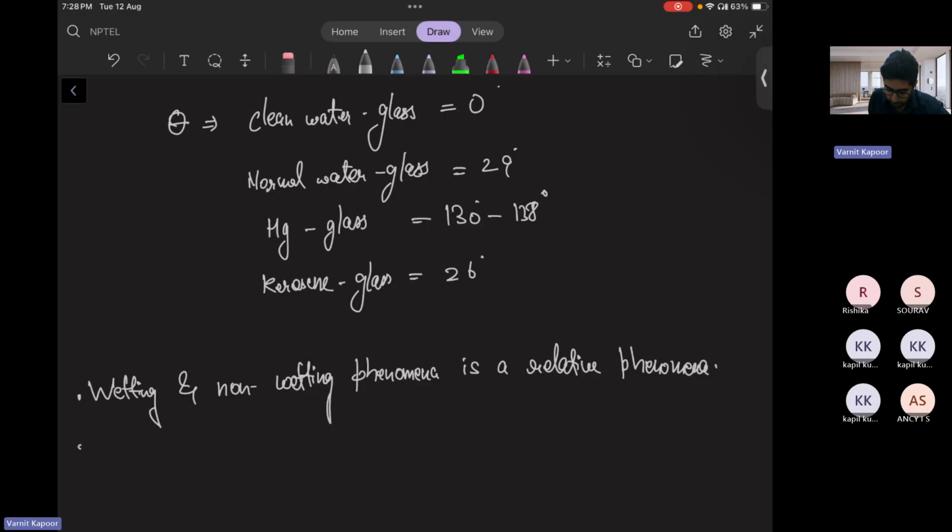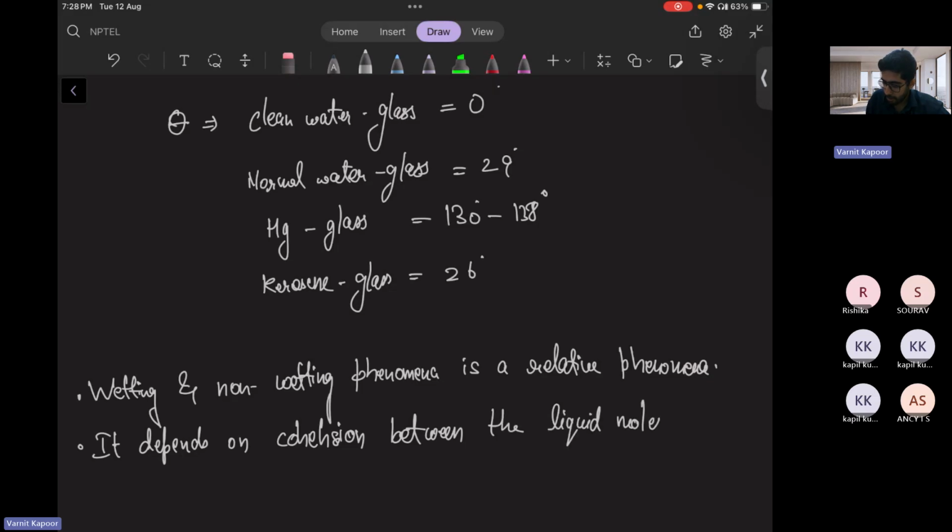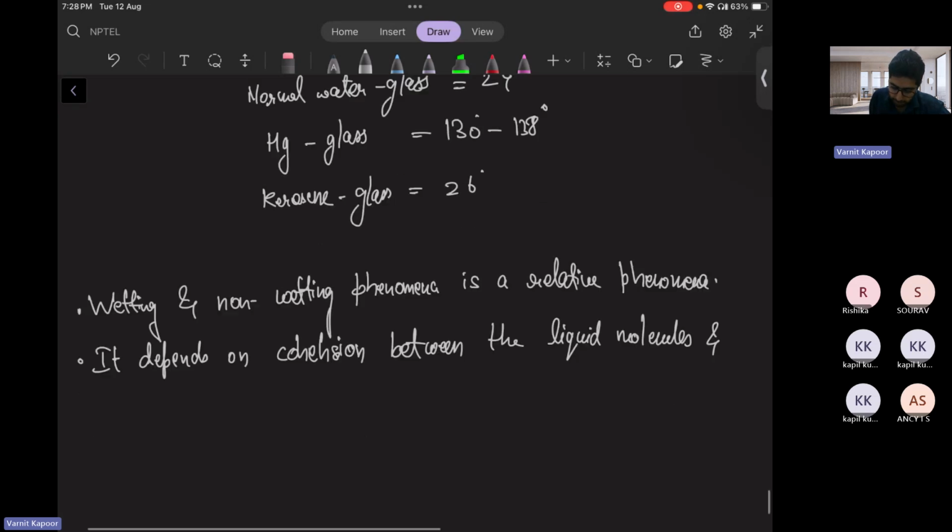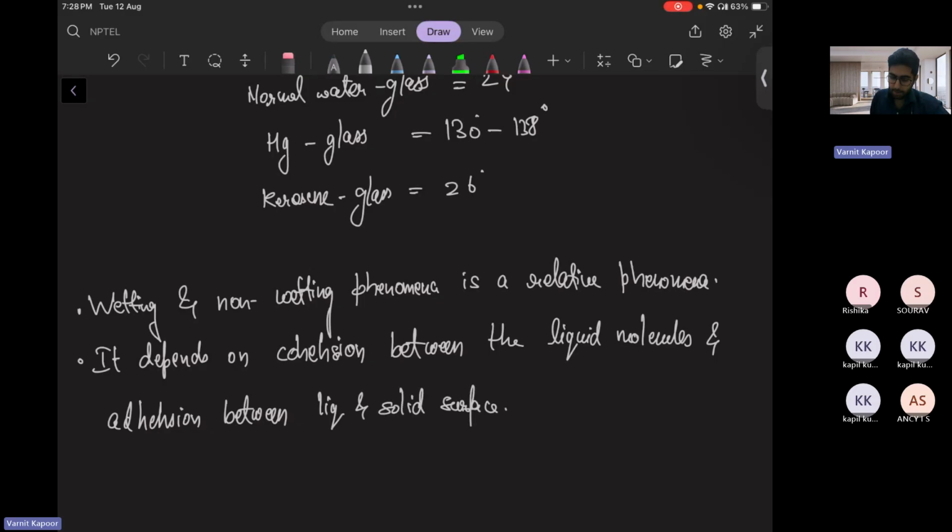It depends on cohesion between the liquid molecules and adhesion between liquid and solid surface. Okay, liquid and solid surface.